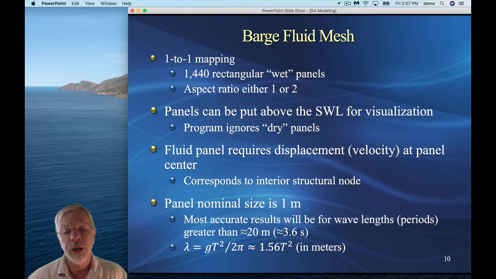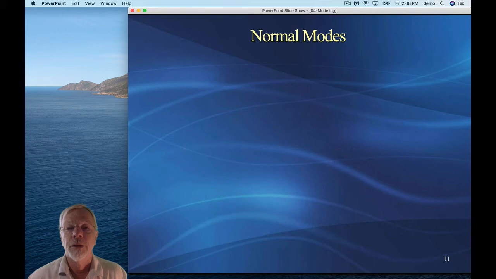If we look at the relationship between wavelength and period for deep water, 20 meters corresponds to about a 3.6 second wave. And as you'll recall, there's very little wave energy at periods below, say, 5 seconds, so one wouldn't expect this issue of 20 meters to be a big issue.